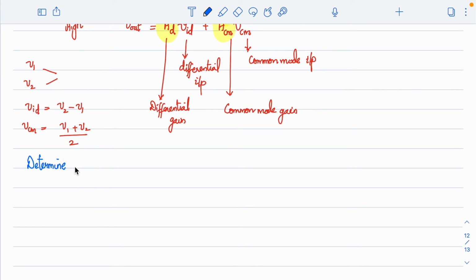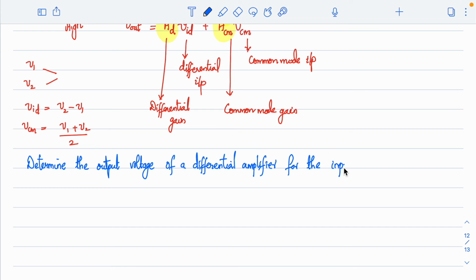Determine the output voltage of a differential amplifier for the input voltages of 300 microvolt and 250 microvolt.